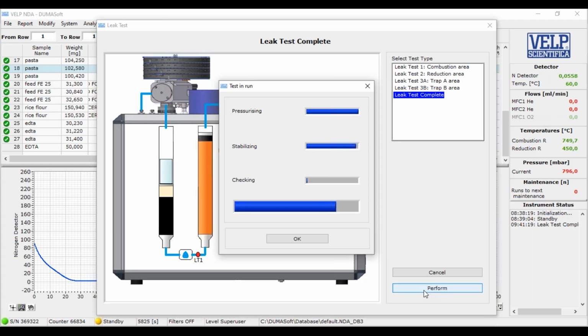Okay, so last week on Tuesday, there was a service training that was focused on the leak test, so we will not go further into this topic. Okay, so the leak test result is okay, so we are good to proceed.